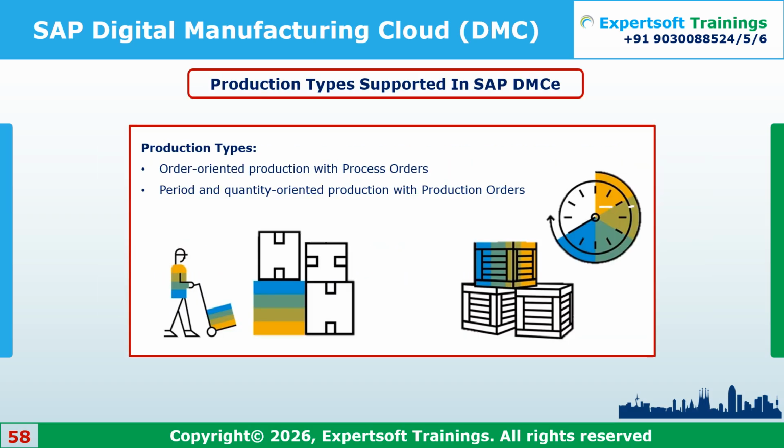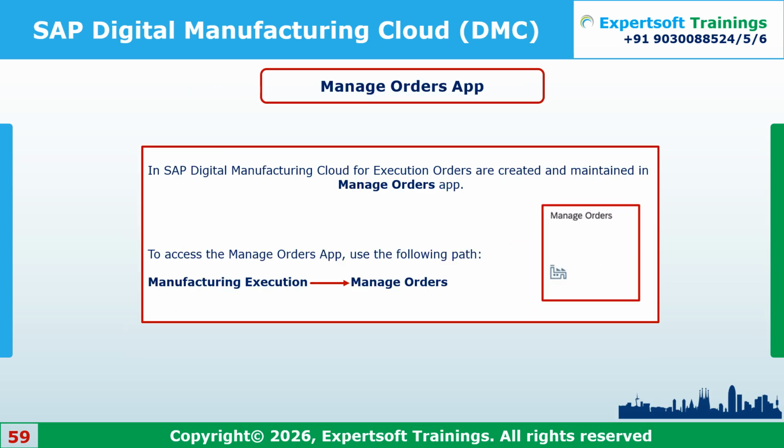Production order types: the order oriented production of process orders, and period and quantity oriented production with production orders. Okay, so this is again very much generic to the S4 system. All the production order related information can be accessed in this app called Manage Orders.